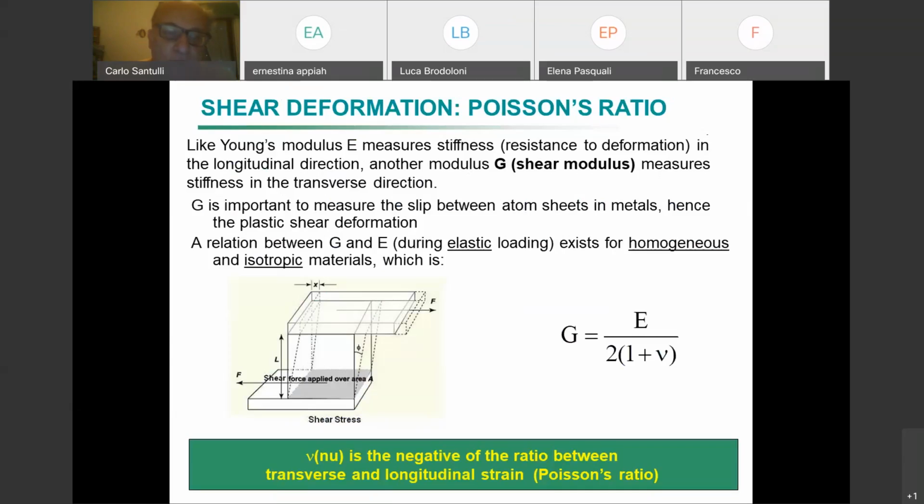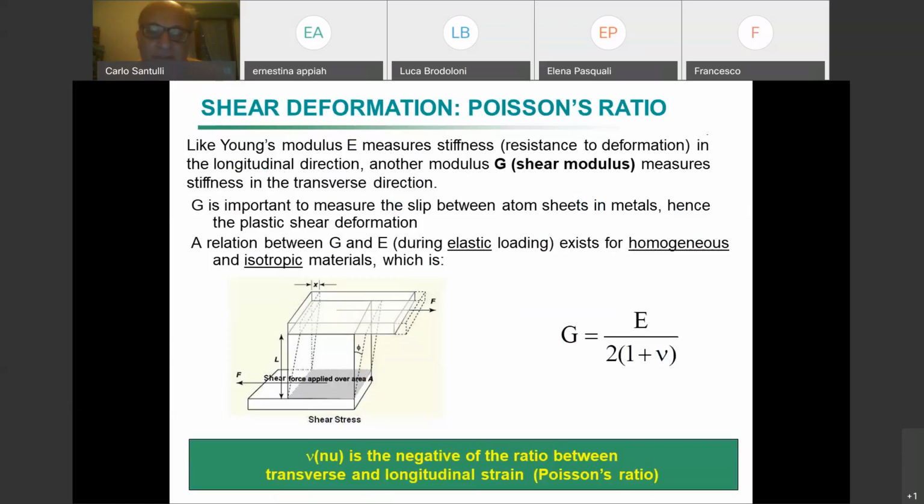You have a Young's modulus, which is the E modulus, called with the letter E, and you may have another modulus, the shear modulus, which measures stiffness in the transverse direction, and it measures the slip between atom sheets in metal, hence the plastic shear deformation.